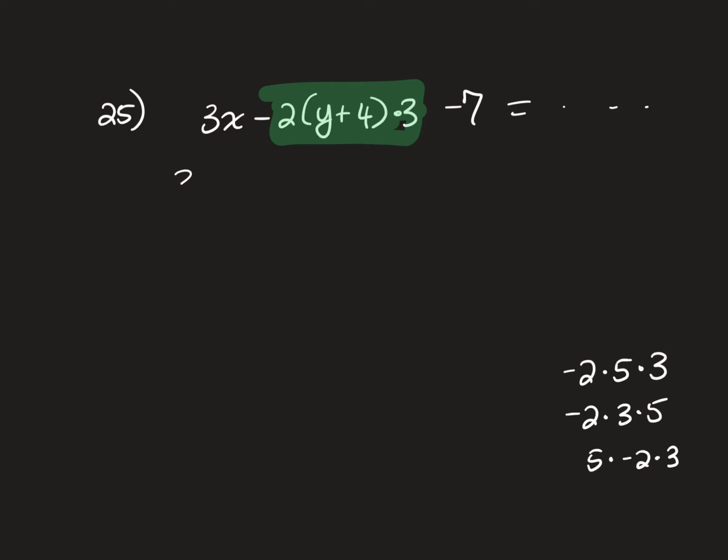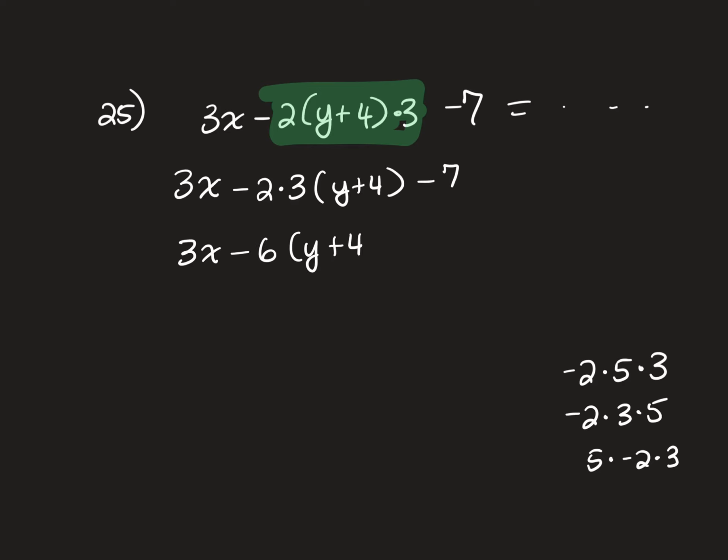That's what I want you to think about here. We're multiplying negative 2 times y plus 4 times 3. I can rearrange that so that it looks like this, and then do my multiplication from there. So maybe I would write this as negative 3x minus 6 times y plus 4 minus 7, and then distribute the 6 and go from there.